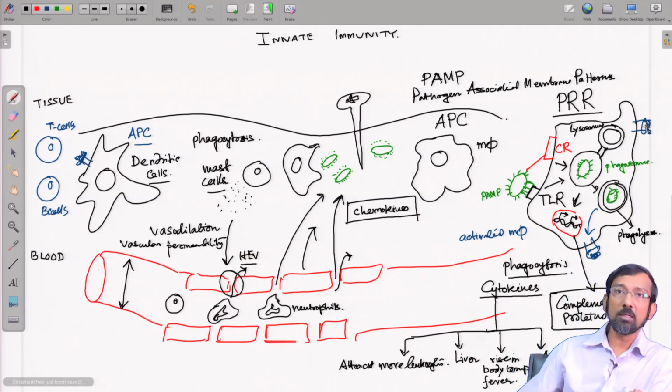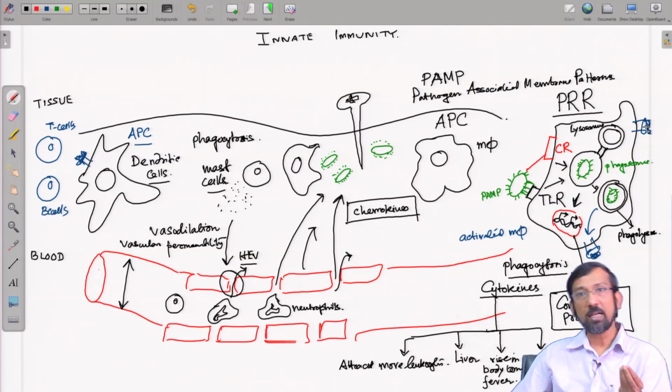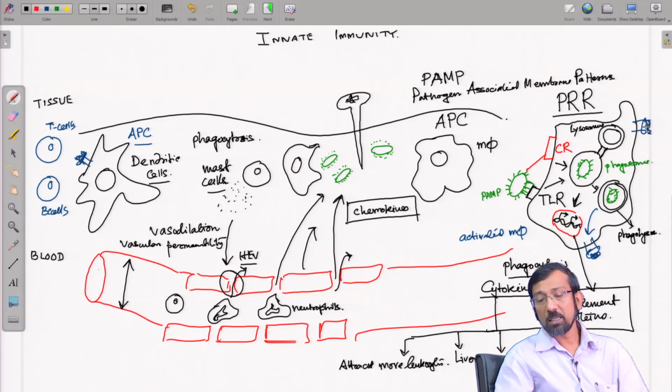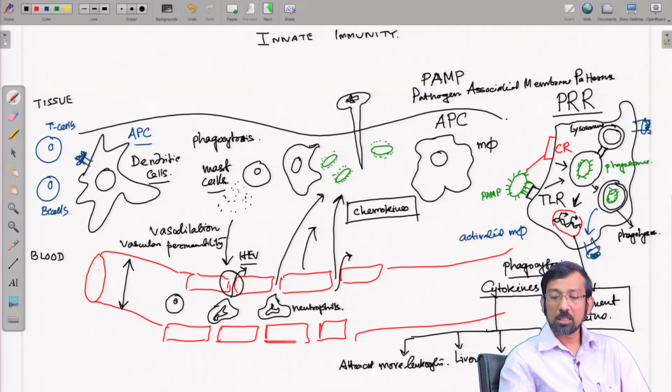So, they present these peptides or antigens to the cells of the adaptive system, that is the B and the T cells, and activate them. Apart from presenting antigens, an activated tissue macrophage also secretes a certain class of effector molecules, the cytokines.